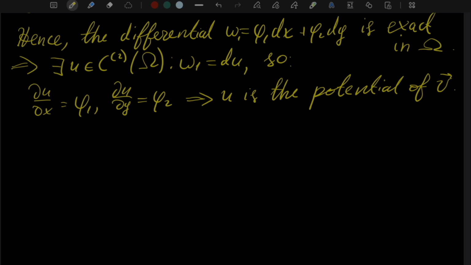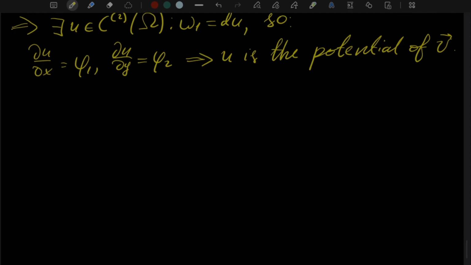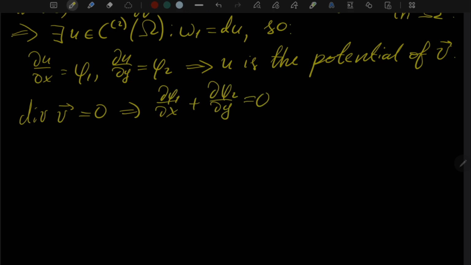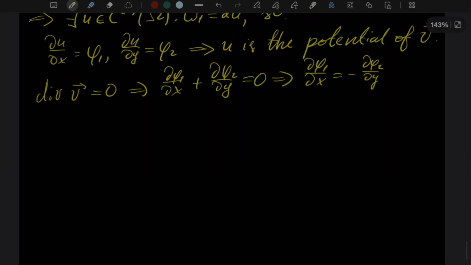Now let's see what follows from our divergence, which is also supposed to be equal to 0. We get this one condition, and hence we can consider another differential that will also turn out to be exact.